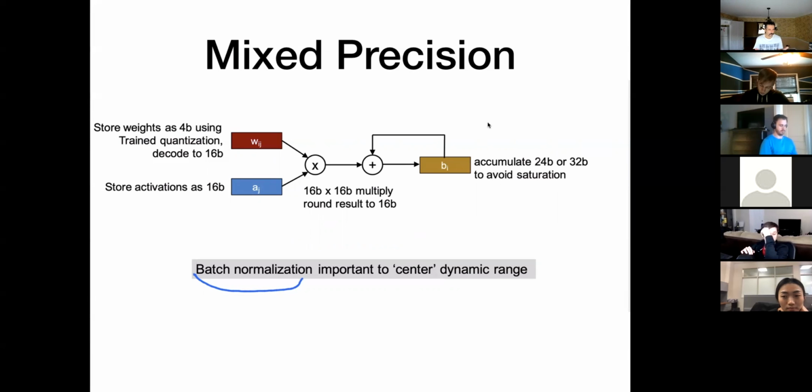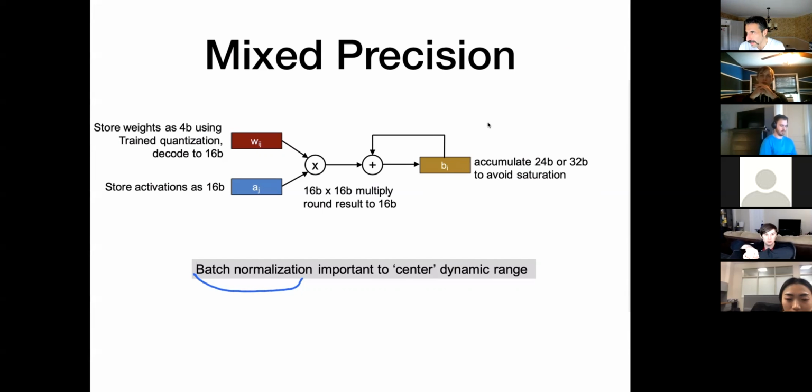Remember that during your training, you do batching, and you do stochastic gradient descent through this batched input. Each input basically has some range of values. If you batch them together, batch normalization centers the dynamic range of these inputs.